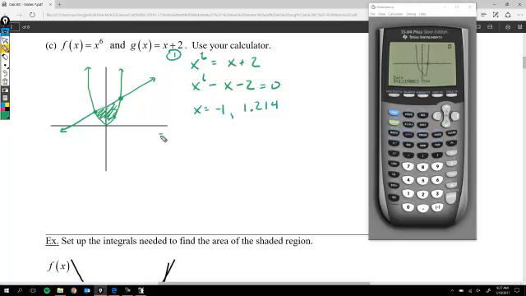Okay, so I'm going to set up my integral now. I'm taking the integral from -1 to 1.214 of my top function, which this time is my linear, x plus 2, minus my bottom function, which is my parabola, with respect to x. Now again, we can do this one by hand, or we can plug it into our calculator. So let's just practice plugging into our calculator.